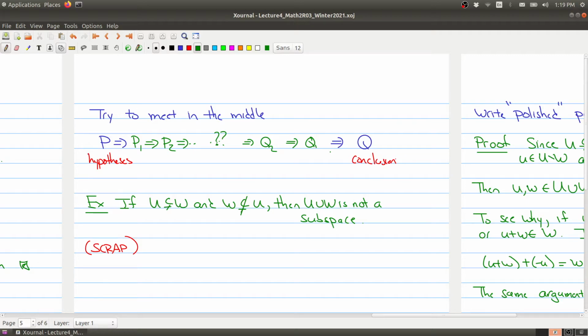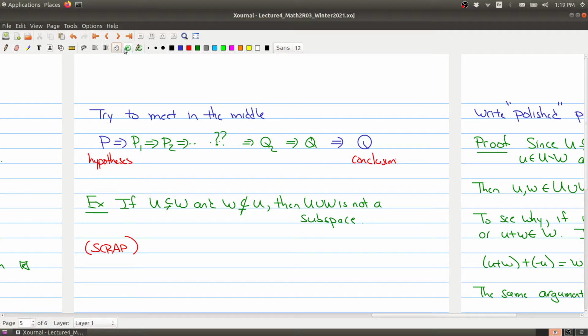What you're seeing is the nice polished result. What you're not seeing is the thinking part. When doing your proofs, you may go P1, P2, up to P4, and realize, oh, this is not going to help me at all. So you have to backtrack and think about different ways to go.